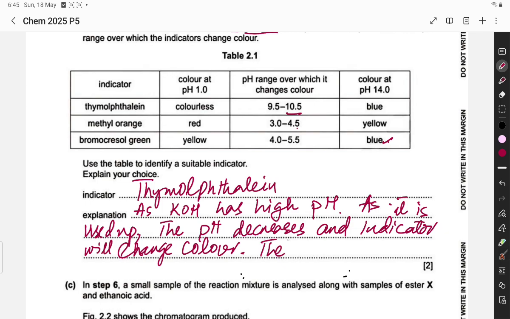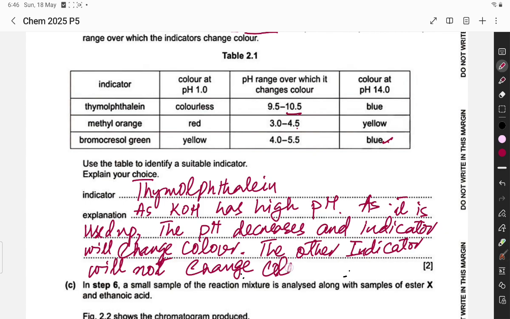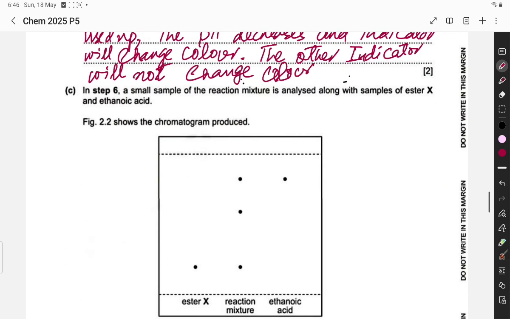The other indicators will not change color, so thymolphthalein is used. In step 6, a small sample of the reaction mixture is analyzed along with samples of ester X and ethanoic acid.